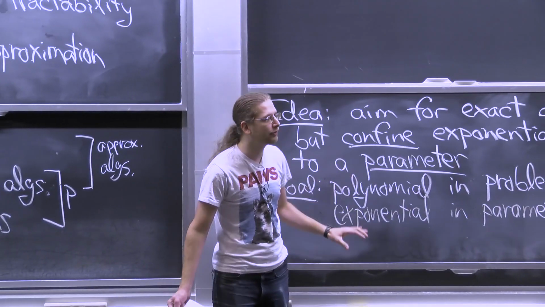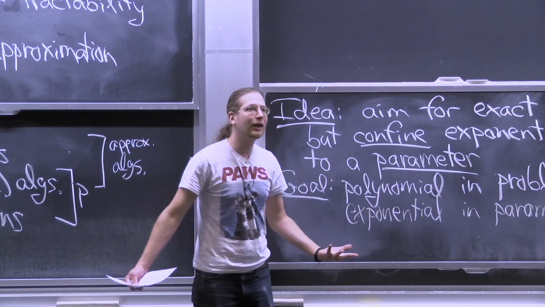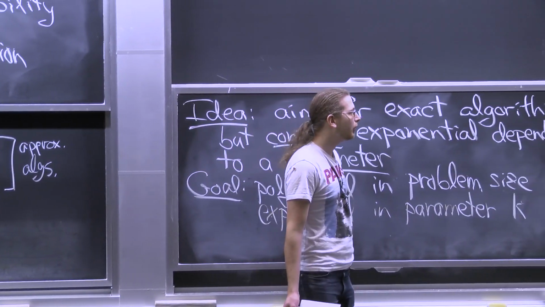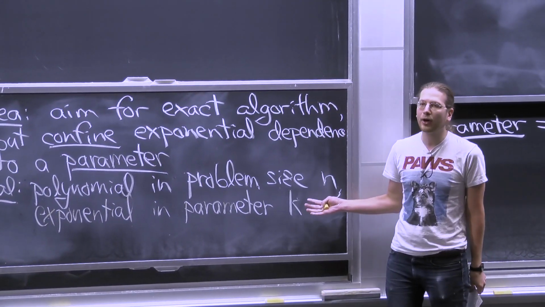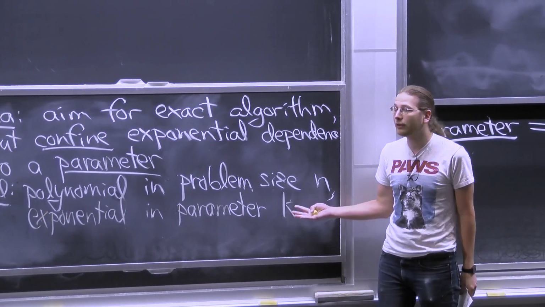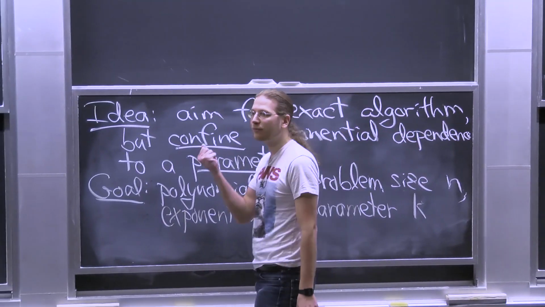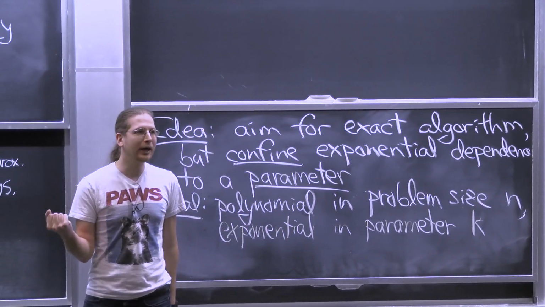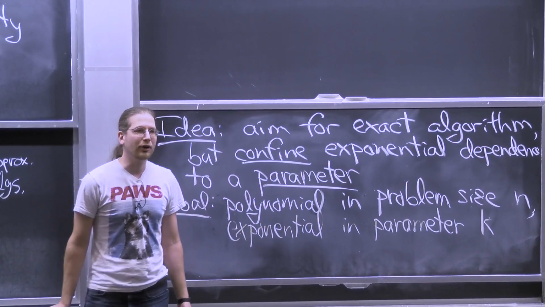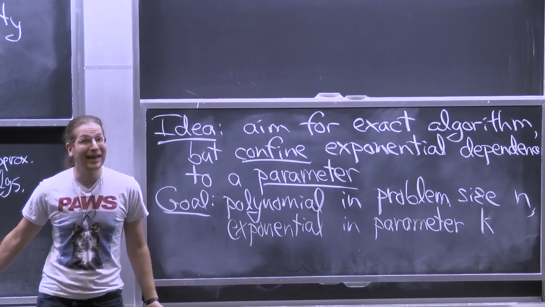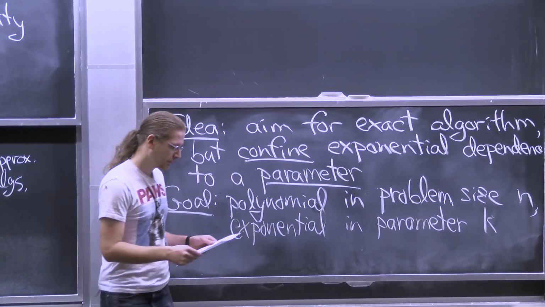So it's a way of characterizing a big subset of the problem that you can solve. You know that in general you're going to need exponential time, but this gives you a measure of how hard your input is. It may not be the only measure, may not be the best one in any sense, but if you can define a parameter and you know that in your practical scenarios that parameter will be small, then you're golden. Then you can actually solve the problem in a reasonable amount of time and get an exact solution, no approximation here. So that's the idea.